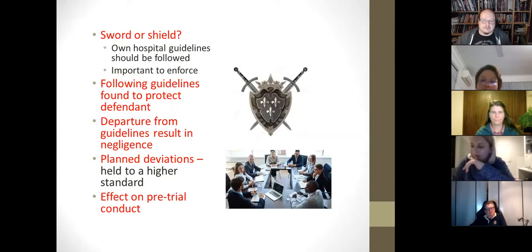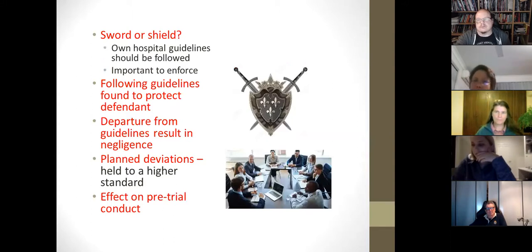Now, there were a couple of cases of planned deviations from the guidelines. The guidelines said that this man was low risk for colorectal cancer and only required a sigmoidoscopy. But the surgeon had actually planned to do a colonoscopy, a more extensive examination of his colon.